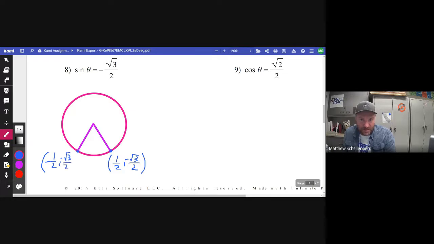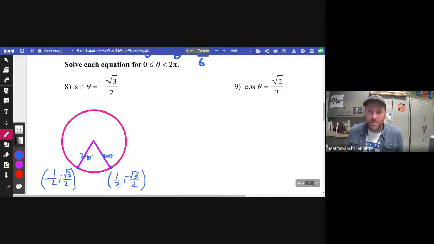And what is the angle that it corresponds to? So if you see this on your unit circle, then you should just look at the angle that it corresponds to, and you'll see that this one here says 240 degrees, and this one here says 300 degrees. And so it also gives you the radians.